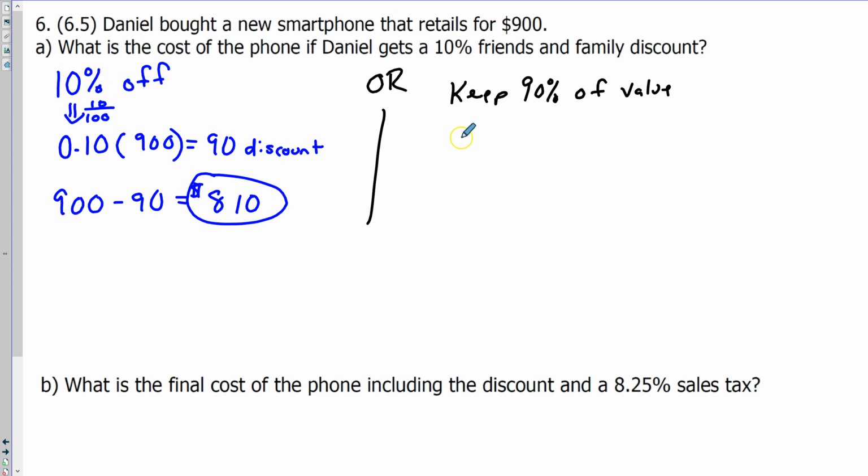And I can calculate the 90% in the same way I did the 10%. You would take your decimal representation, so 90% is 0.90, and I multiply it by my total, which is the 900. And when I do that, I'm still going to get the 810. I just got there a little bit faster. So I didn't have that in-between step of calculating the $90 discount.